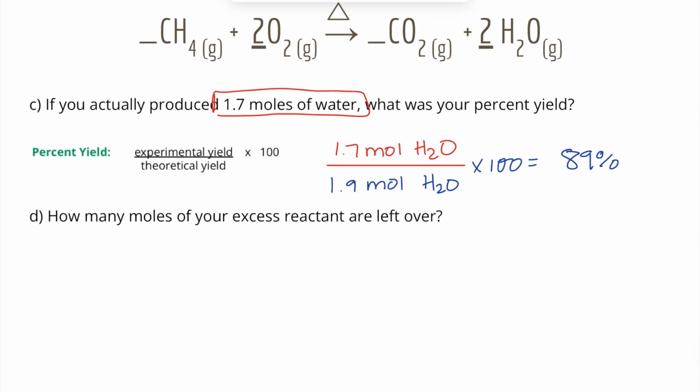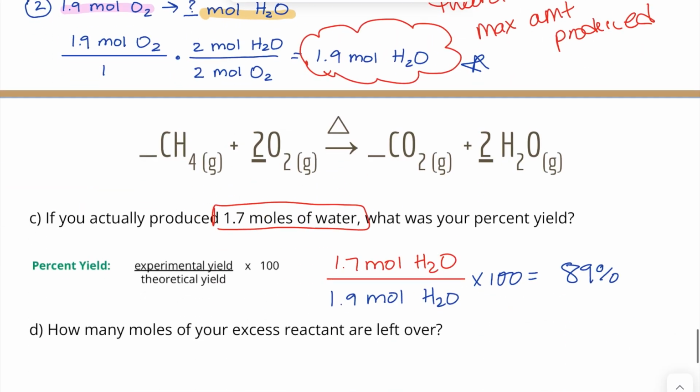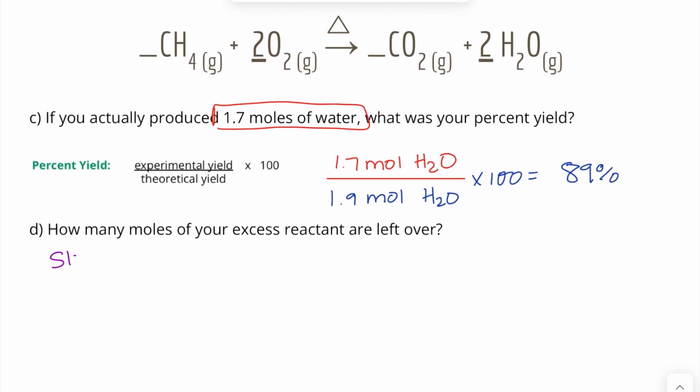All right, that last step, how many moles of your excess reactant are left over? So our excess reactant is CH4. We started with 2.5 moles of CH4. We now need to look at how much did we end with. So we don't know how many moles we're ending with. That's our excess. So let's figure out how many moles of that CH4 were used.